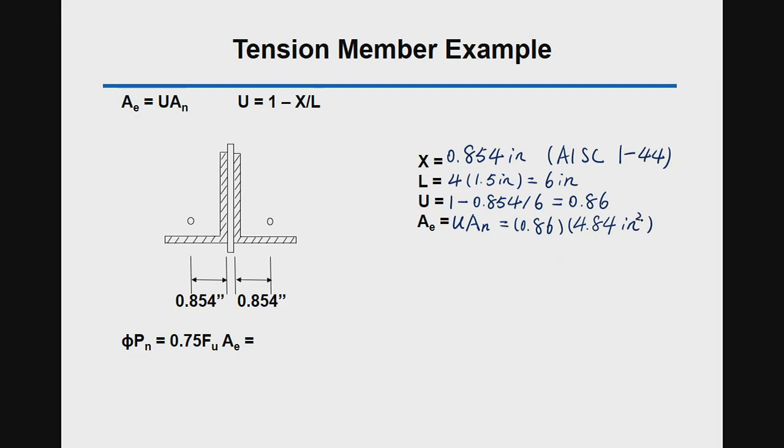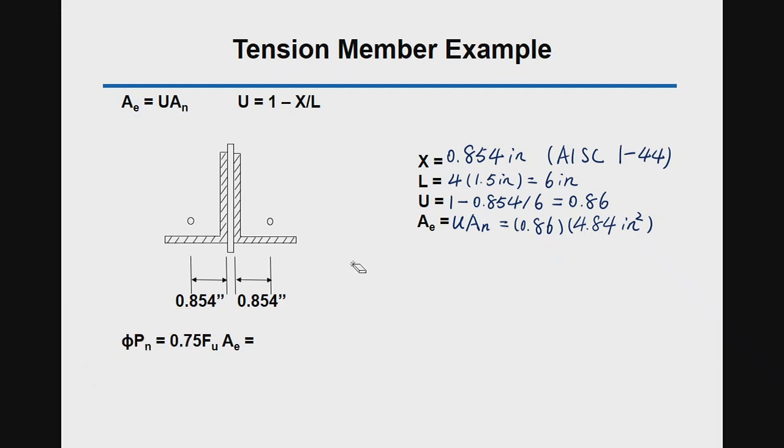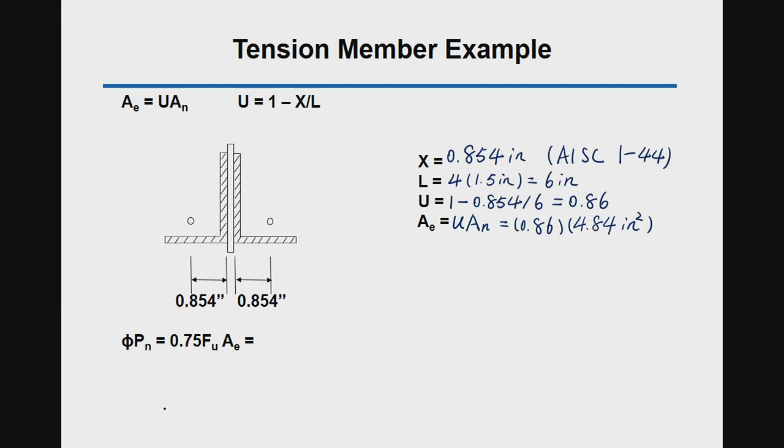From there, we can find the ϕPn. The ϕPn based on the fracture failure mode is 0.75 times Fu times Ae.